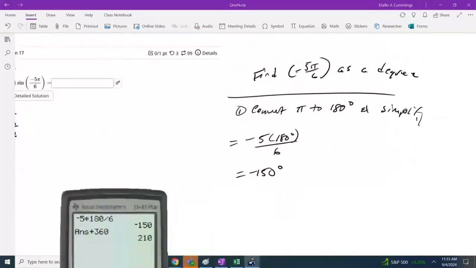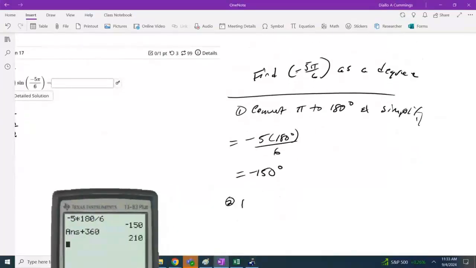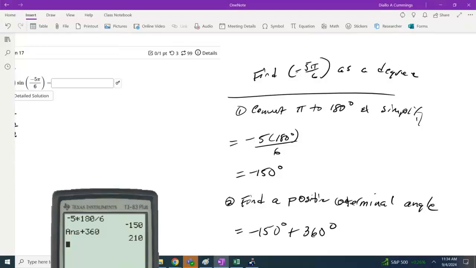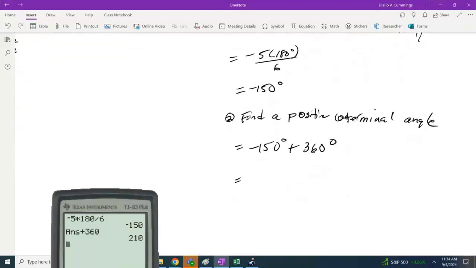The next thing we had to do was find a positive coterminal angle. So we added 360 degrees, and we got 210 degrees.